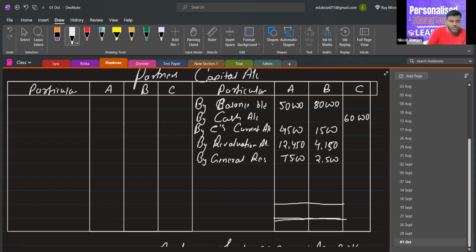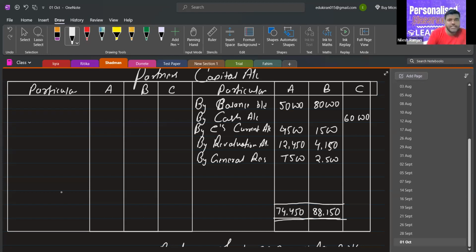So 50,000, 4,500, 7,500, total is 62,... 74,450. 80,000 and 4,084, 88,150. Is this clear to you? We have calculated the total. Yes, sir, clear.